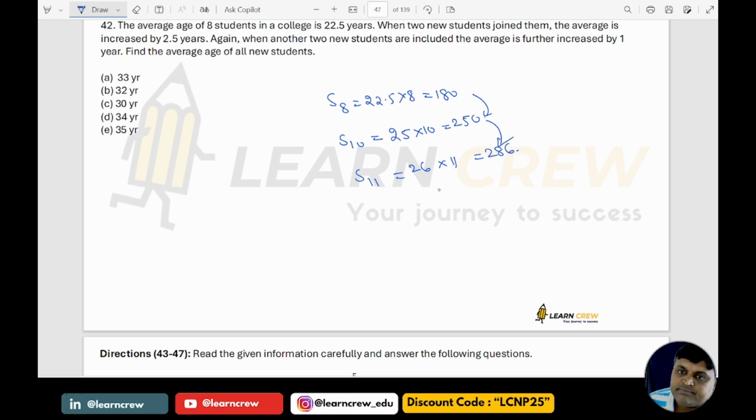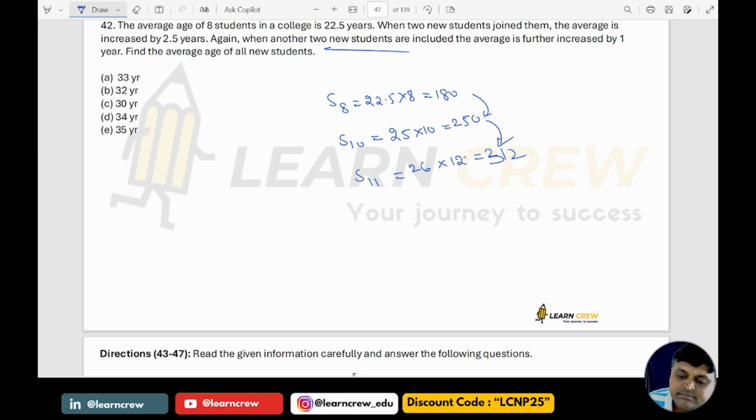So thereby what happened here? In total you have how many new students? The total number of new students is 4, so 26 into 12. 26 into 12 would be 312.